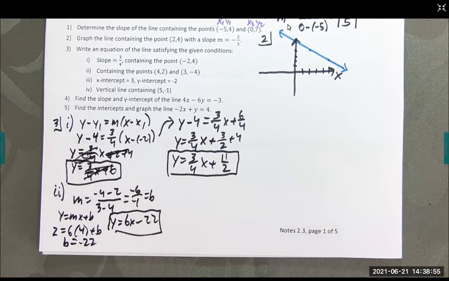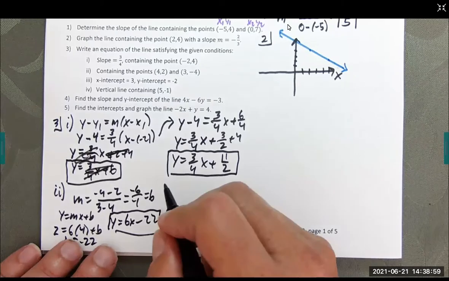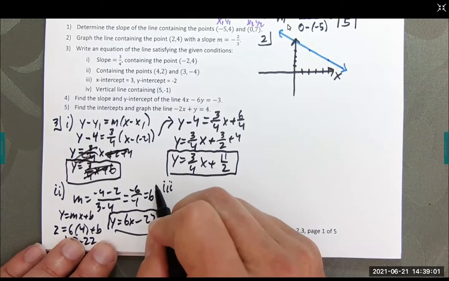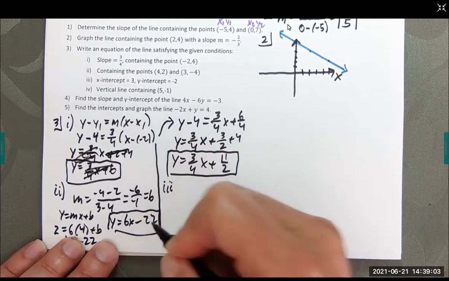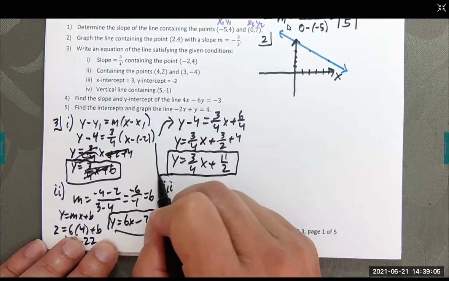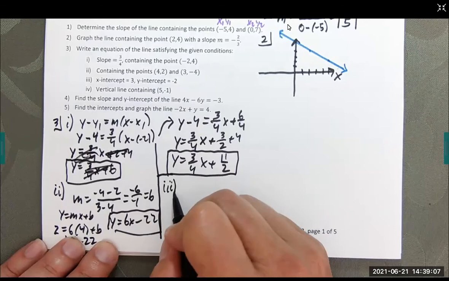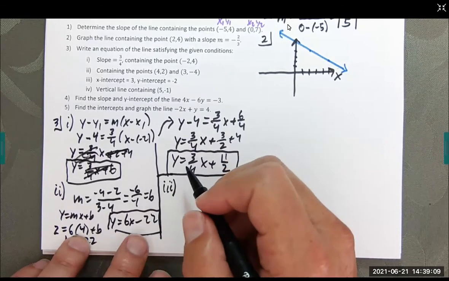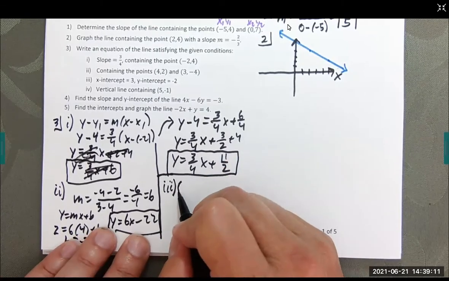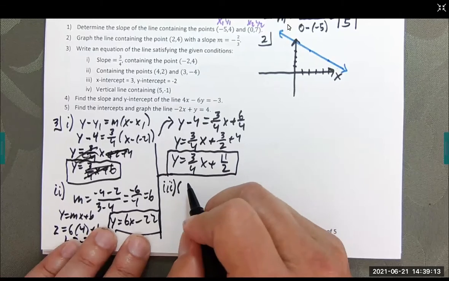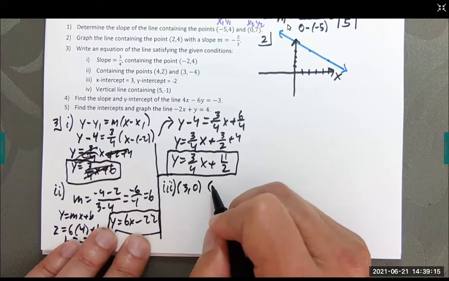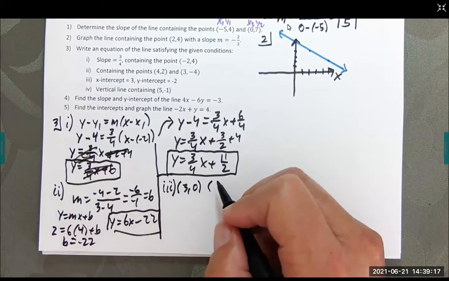Part 3 gives an x-intercept of 3 and y-intercept of -2. So let's partition this off. All right, so for part 3, we have the point 3, 0. And they give us b, right?